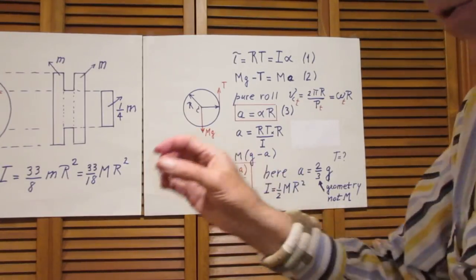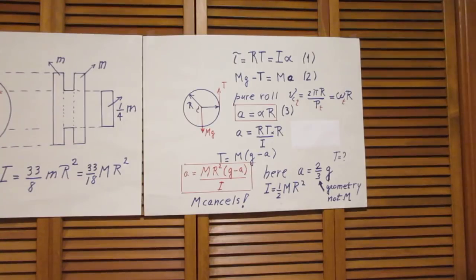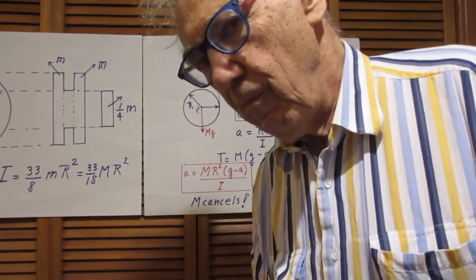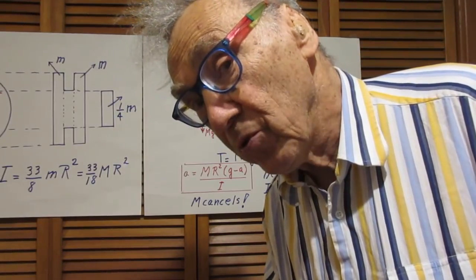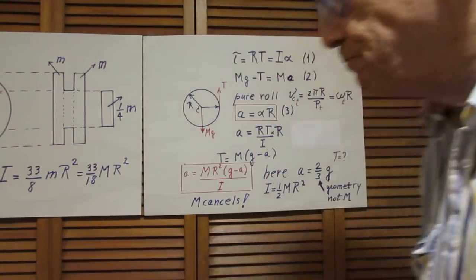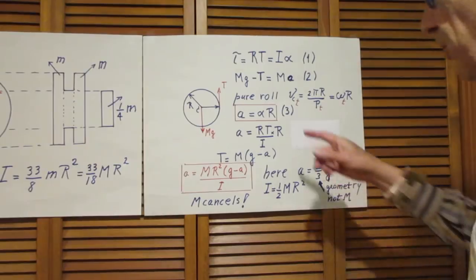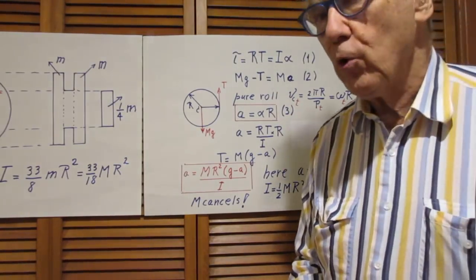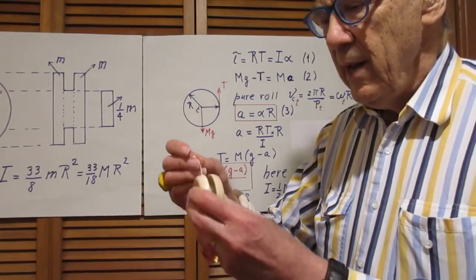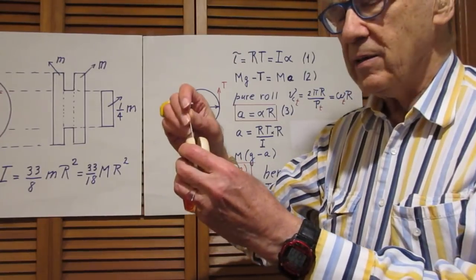Now comes a key point. And this key point many of you may not have realized, but this key point also holds in the case of our yo-yo. The yo-yo is clearly always in pure roll condition. It can never slip down the wire.